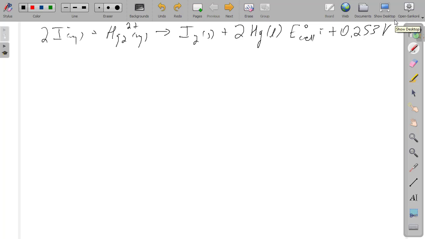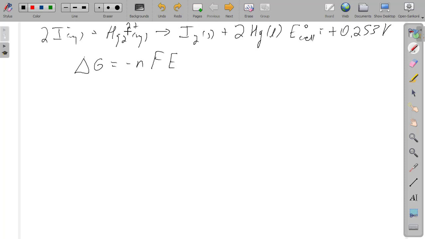Okay, so what we want to calculate then is, first of all, delta G. You're asked to do both, and so do delta G first. And so we know that delta G equals minus NFE. All right, but what we need to figure out is how many moles of electrons are being moved around, because this is 0 on this side, and there's 2 minus and 2 plus there.